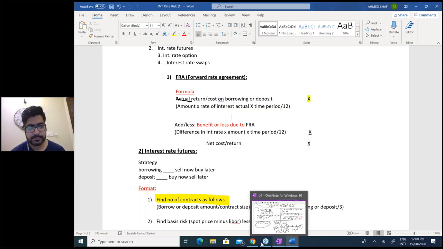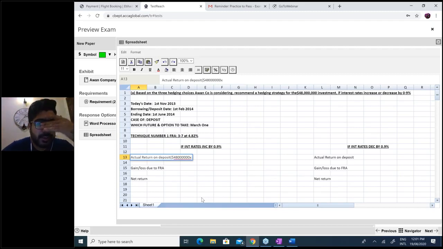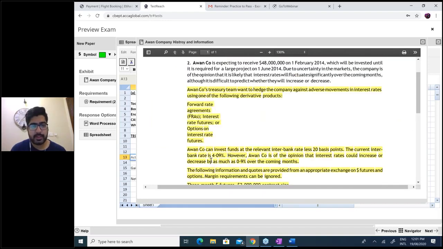So what is the amount? $48 million. Amount is 48 million into the actual rate of interest. What is the actual interest rate? The question states we can invest funds at the interbank rate less 20 basis points.